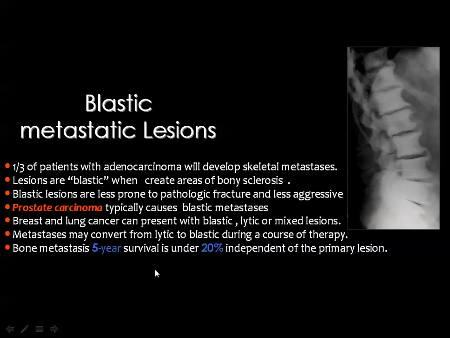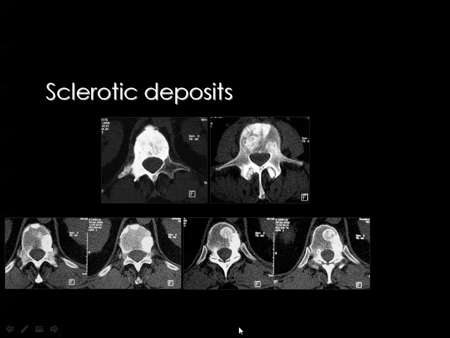But remember also that breast and lung cancer may present with sclerotic metastasis or even mixed metastatic deposits. And you also remember that metastasis may be lytic at the start of therapy and may turn sclerotic during the course of radiotherapy or chemotherapy, according to the treatment.